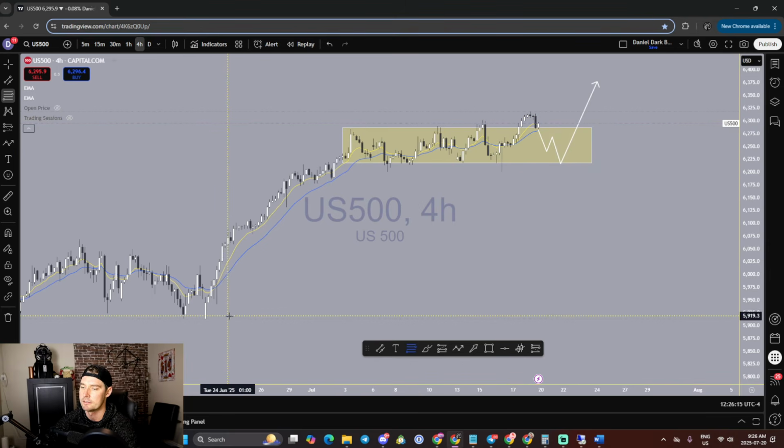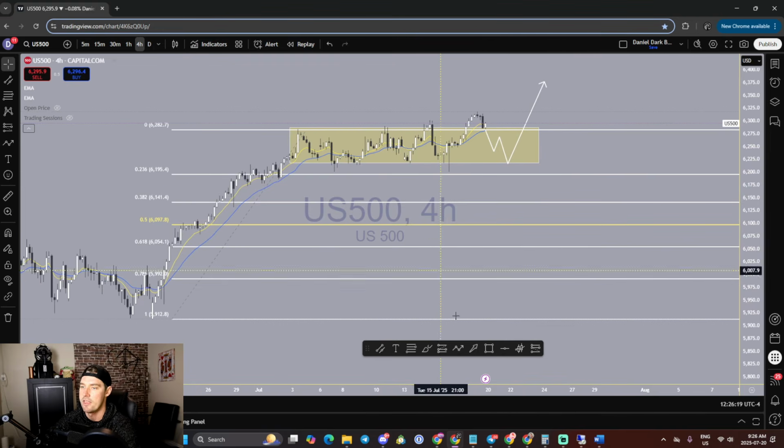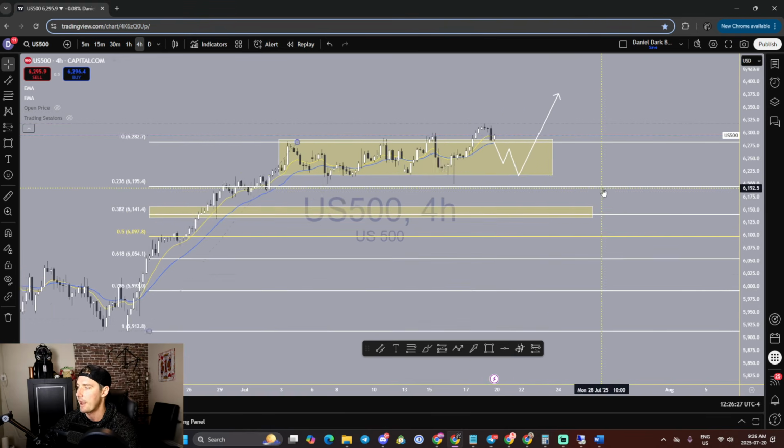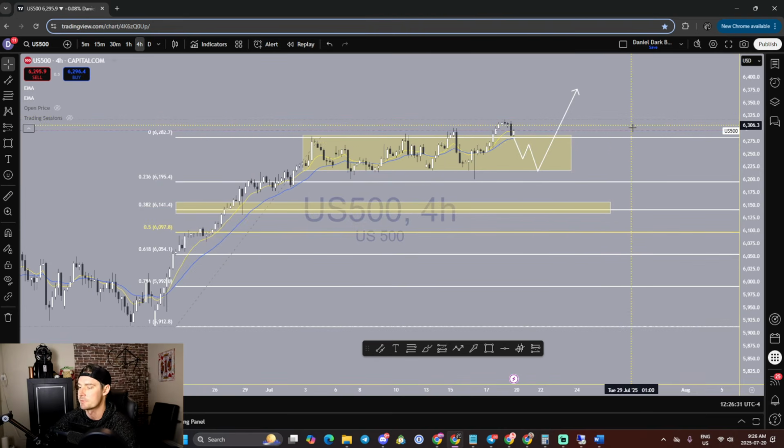If we wanted to run a fib to the top of the range at least, then this 382 level, if you wanted to be very conservative, could be something you do. But I'm going to look for entries at the lower side of this range and continue with these all-time highs because there's no evidence yet that price should collapse, right?